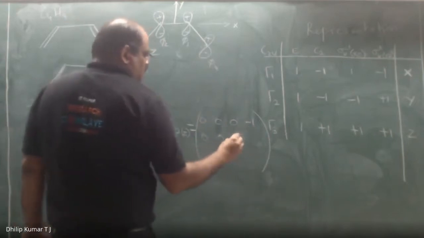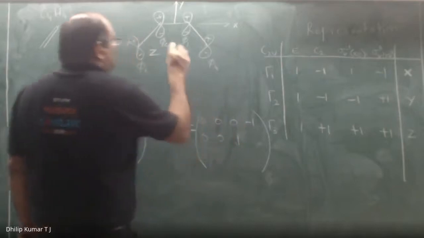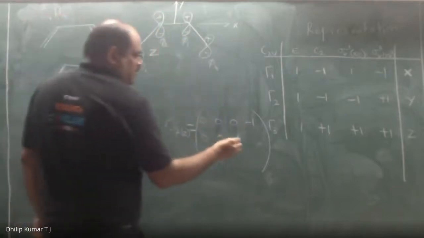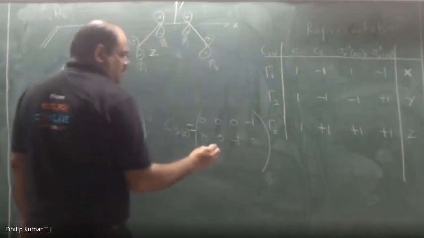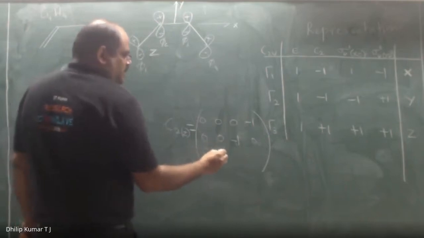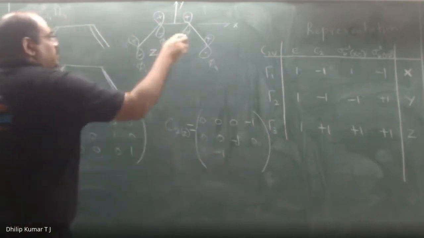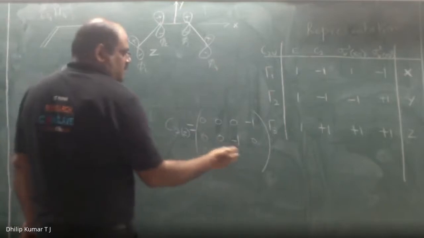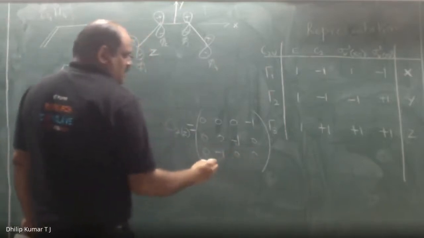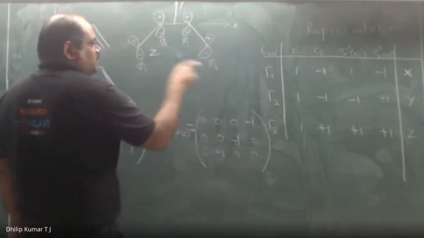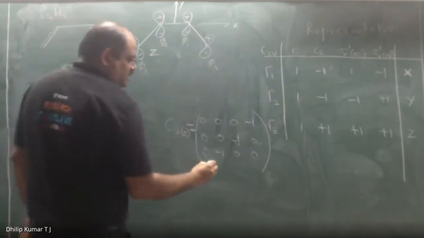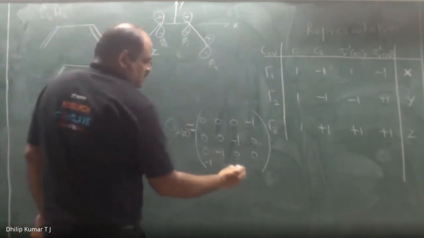It will be here, but it will become phi 3. And this goes to inverted. So minus 1, 0. And then it will be interchanging. So phi 3 will become phi 2 with the negative sign, 0, 0. And again, phi 1 has gone here, phi 4 will come here. So 1 minus 0, 0.